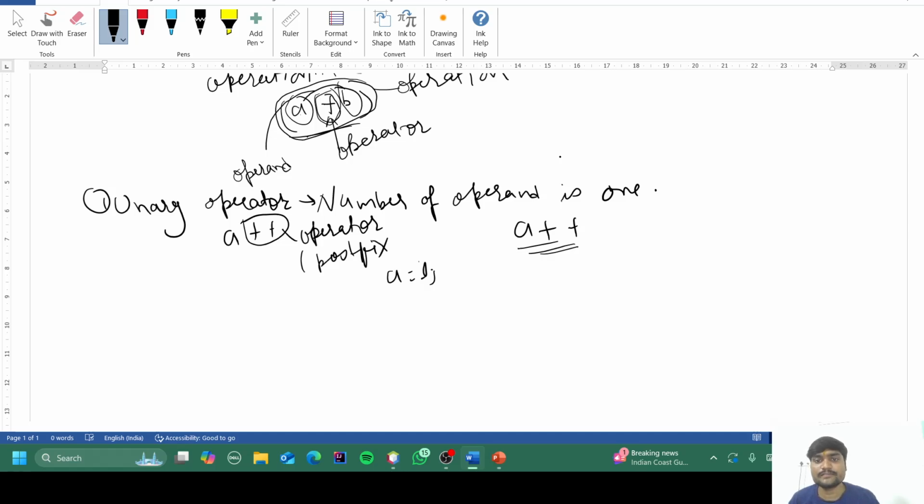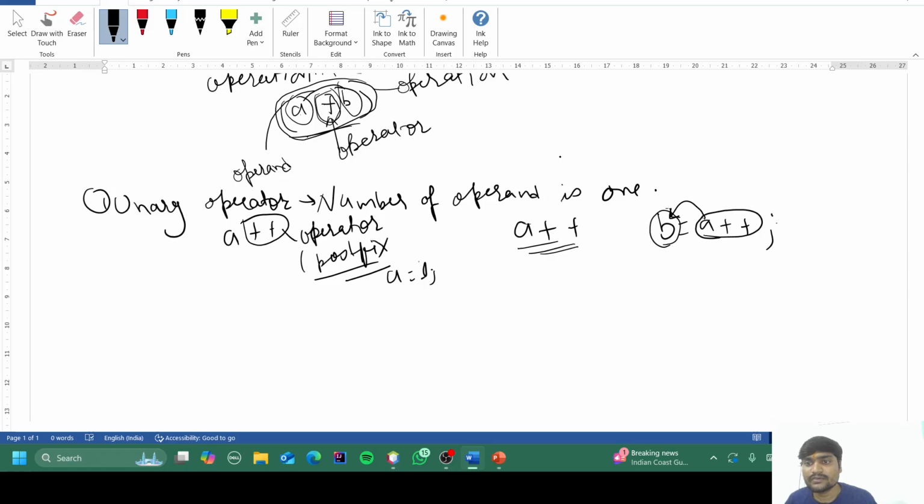Postfix means first the value is assigned. Suppose we are doing b is equal to a plus plus. What does it mean to be postfix? Listen carefully, first the value of a is assigned to b, and then the value of a is incremented by 1.